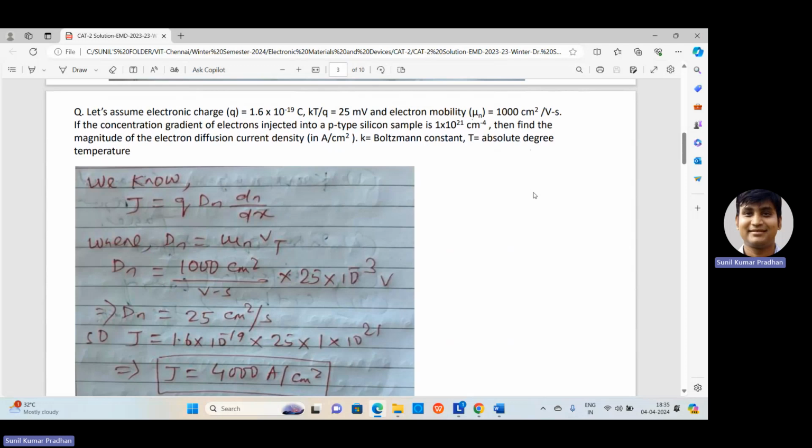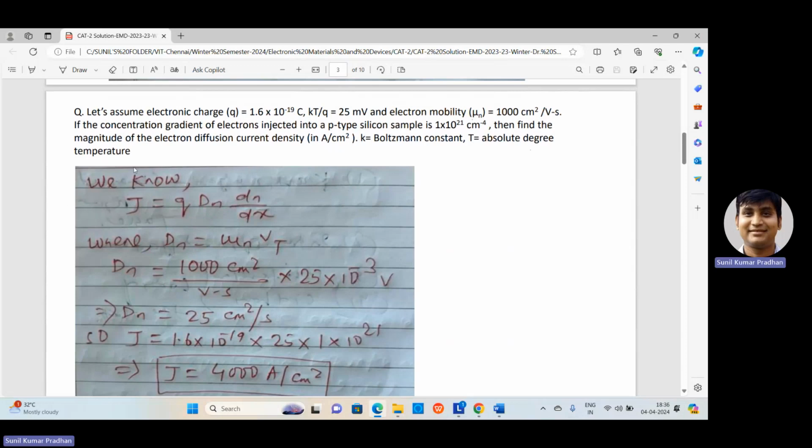So how can we proceed? We have to see what is the correct relationship when we want to find the electron diffusion current density, because here the question is asking for diffusion current density. So what is the relation? We have to take care of the concentration gradient, diffusion coefficient, and electronic charge, and with this consideration we can find the current density.